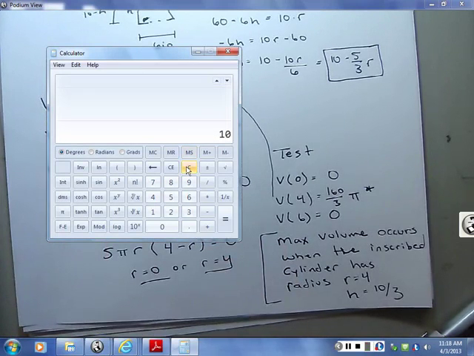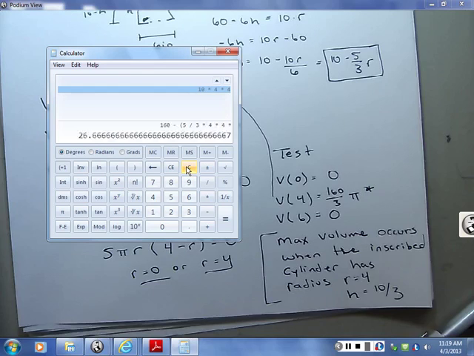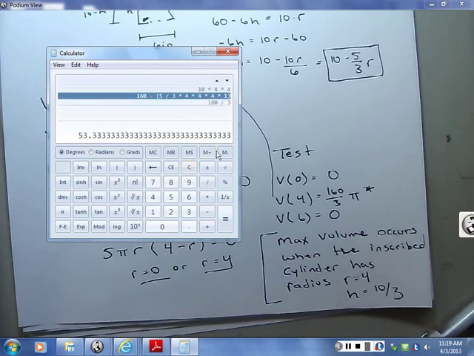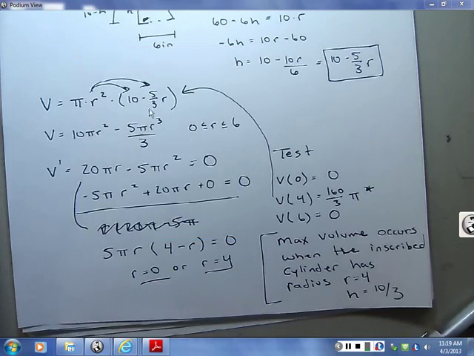So I have 10 times 4 times 4 minus 5 divided by 3 times 4 times 4 times 4. Yeah, so that's not negative. It's 53 point something. I'm just plugging 4 into this formula, and it's not negative. Any questions on that?